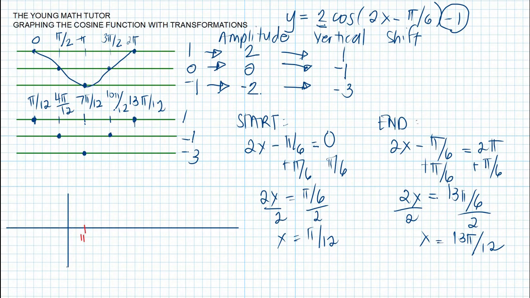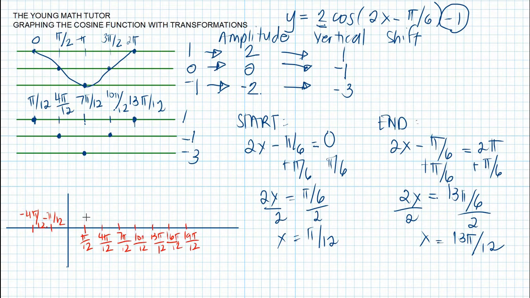And now what you can do is graph it on our Cartesian plane. So let's write the x coordinates, which are the values of x. So after we write the coordinates for the x-axis, what we can do is plot the points. So our midline is at negative 1. Here, let's plot it.